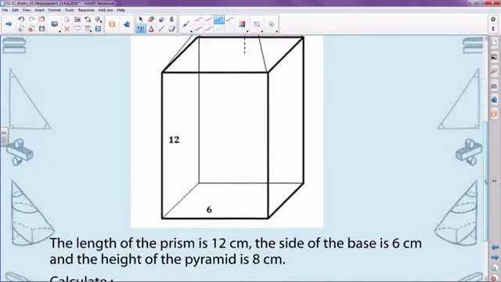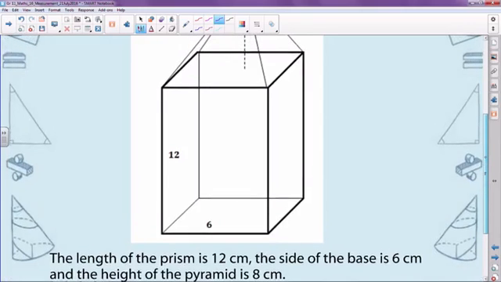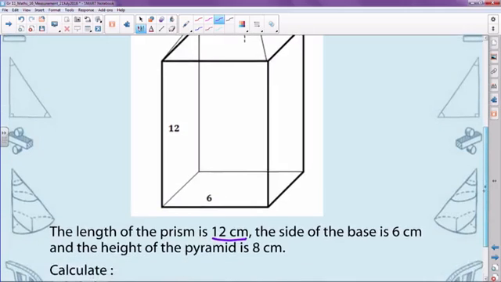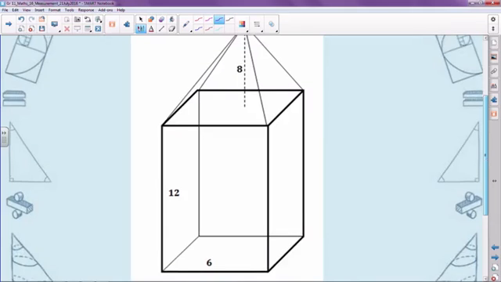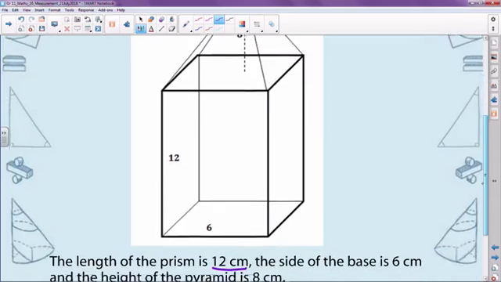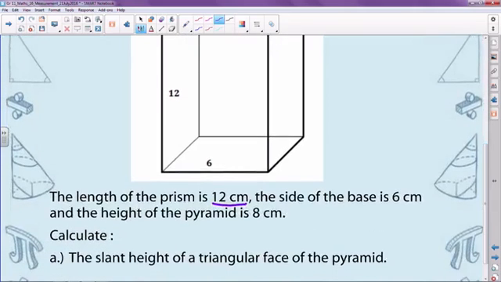The length of the prism is 12 centimeters, which is the side. The side of the base is 6 centimeters, and the pyramid is on top, the height of the pyramid is 8 centimeters. Now, you need to calculate the slant height of a triangular face.